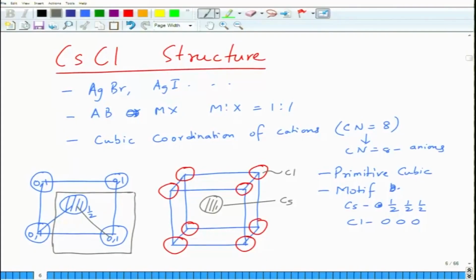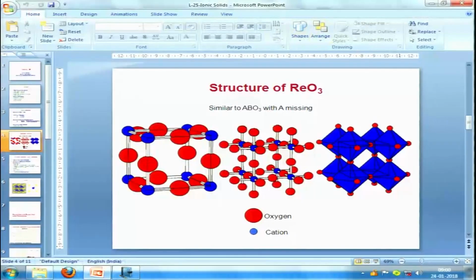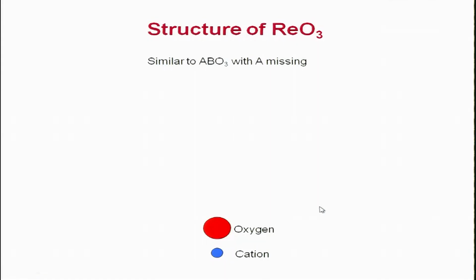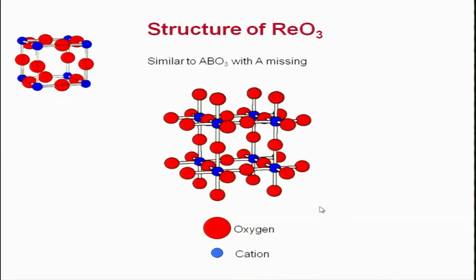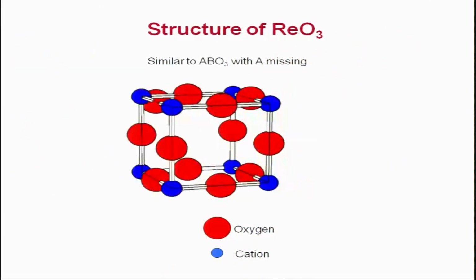Okay. Let me see if I have a picture to show you. This is how the rhenium oxide structure would look. This is the first representation in which you have B atoms and the oxygen.